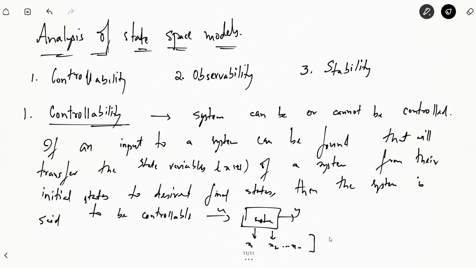If you are able to transfer all of these states from their initial value to the desired final value in a finite amount of time, then the system is said to be controllable. If you are not able to transfer the states of a system from their initial value to their final value, then the system is said to be uncontrollable.